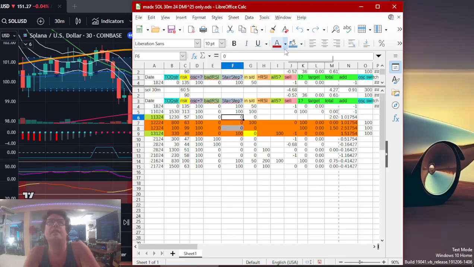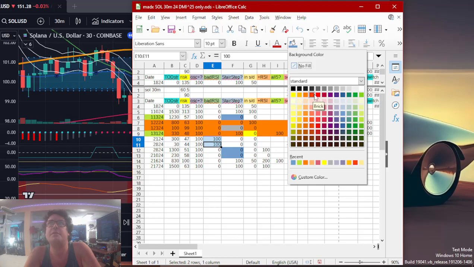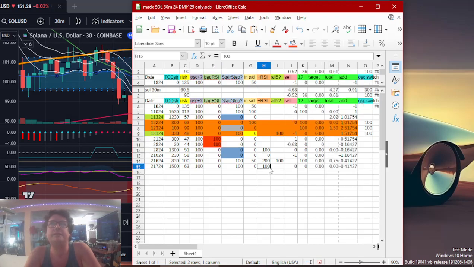Okay, so there's that. That had bad RSI, and that had bad RSI. There's that. And there's this one. But this one had the bad RSI, so we'll probably not count that in the end, because that seems to be a disqualifying factor.